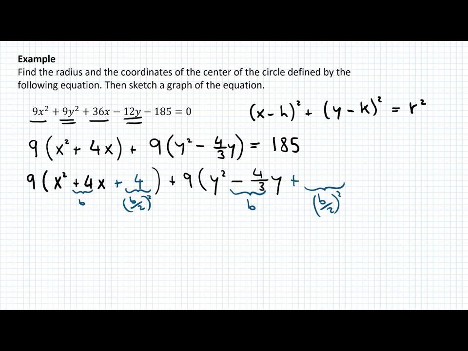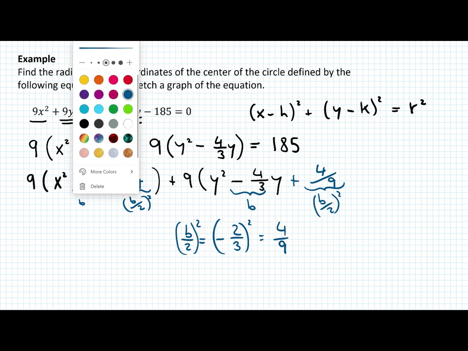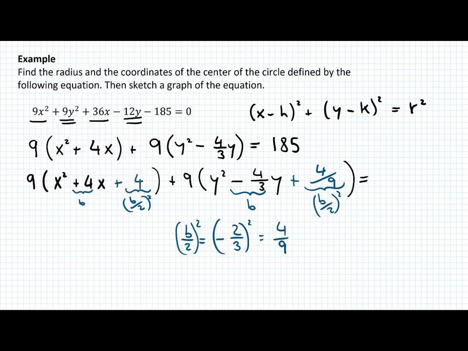We got negative 4/3, that's b. So b over 2 is going to be equal to negative 2/3. Now what happens if you square it? You actually end up with 4 over 9. So you want to add 4/9 over here. Okay, so let's close parentheses here. And that is equal to 185.